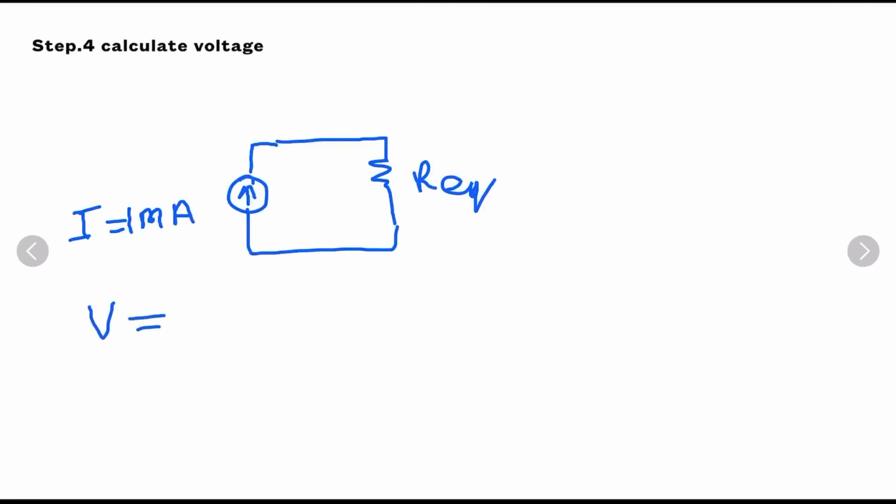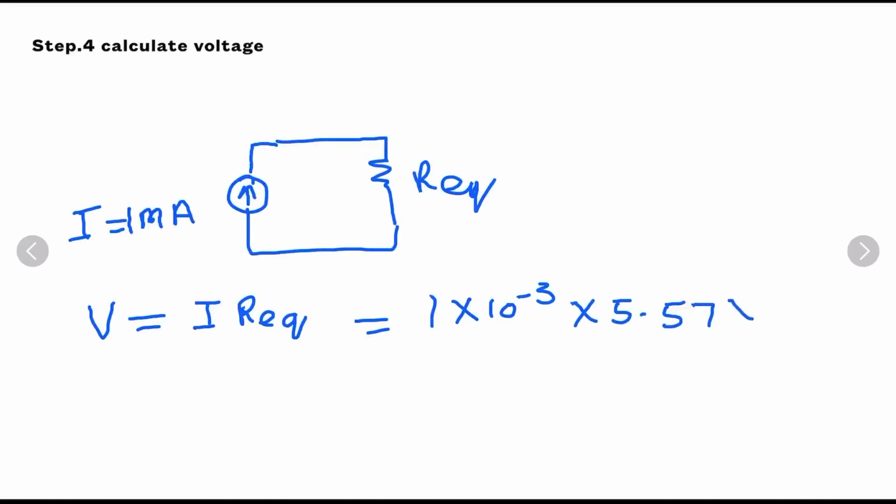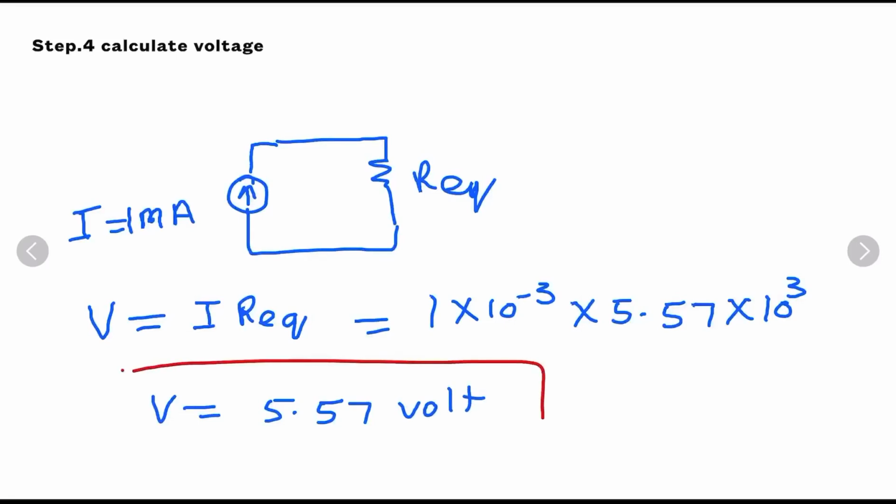According to Ohm's law, it is I into R equivalent. So 1 milliampere and 5.57 kilo ohm. So we write kilo as 10 raised to 3, and the final value will be 5.57 volt. This is going to be your final answer.